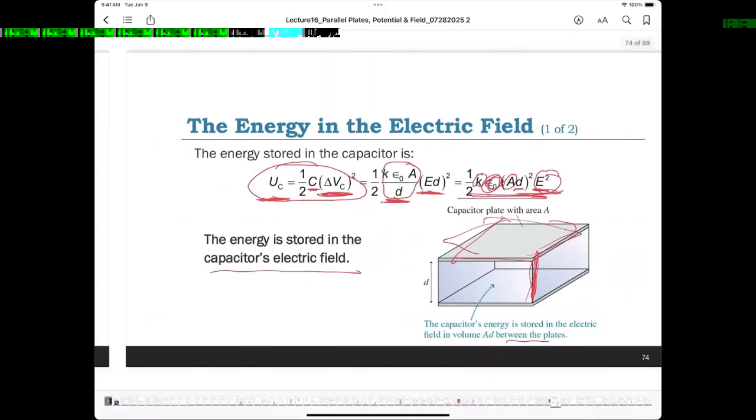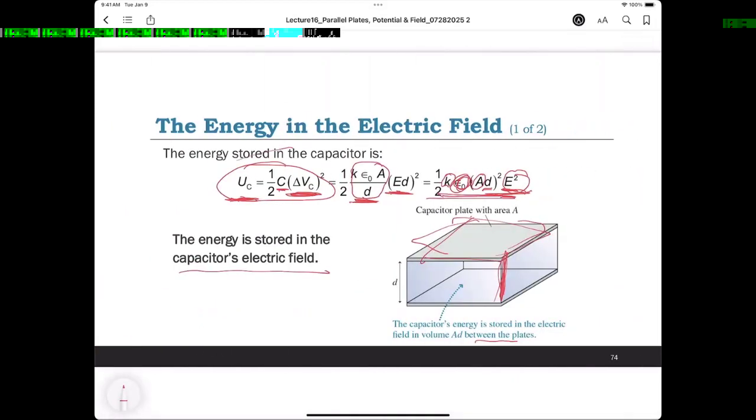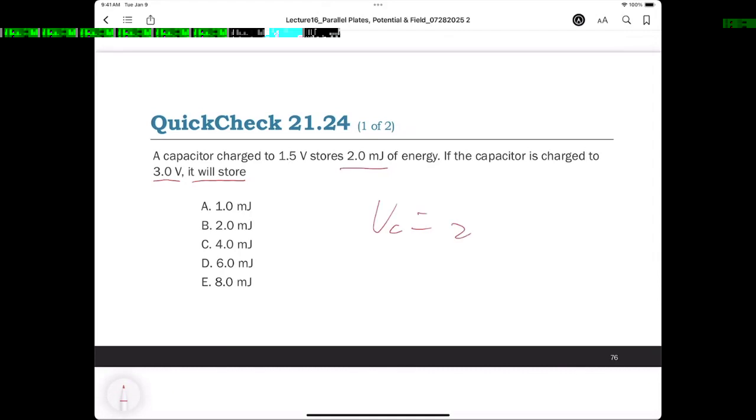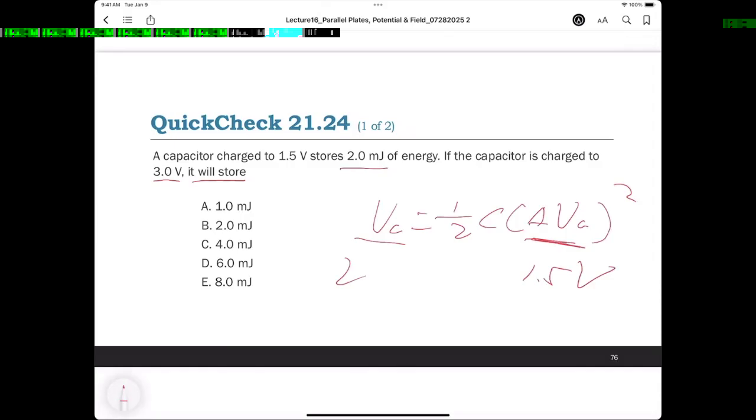We know this equation: U_C equals half C V squared. At 1.5 volts it stores 2 mJ, and we can calculate C, am I right?